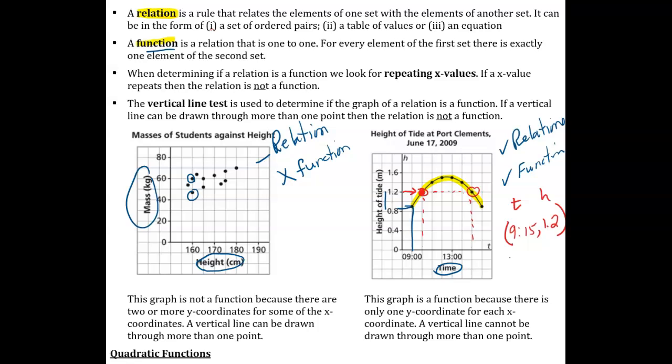And the other one, well, you could have a time of, well, let's say here, at 1400 hours, and height of 1.2. So the heights could repeat, but not the times. And we'll spend a little more time on that later.